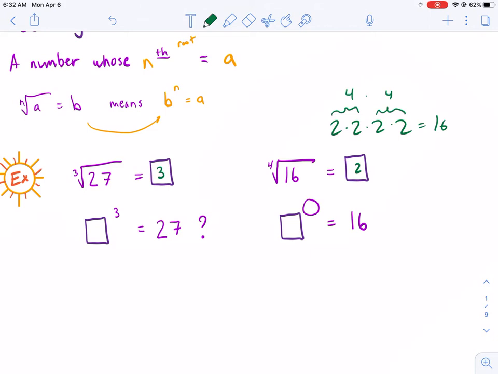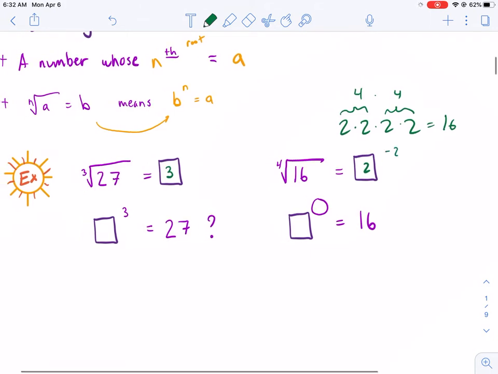However, and we're going to learn this later, is it only 2? Well, negative 2 times negative 2 is positive 4. Negative 2 times negative 2 is positive 4. So really this could be plus or minus 2. Okay, and we're going to come up with a rule in a second about how we can get to these fourth roots, sixth roots, any even root.